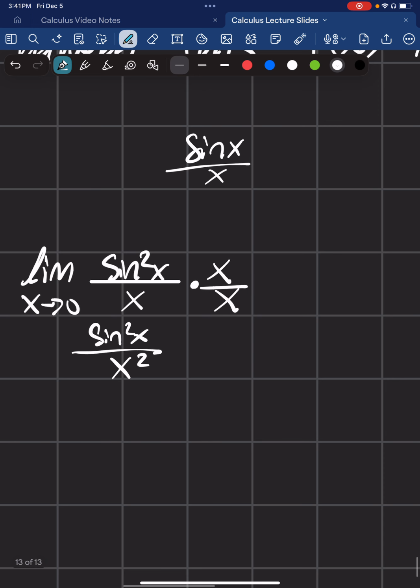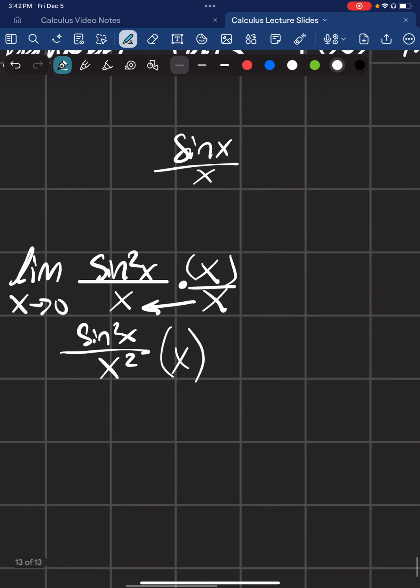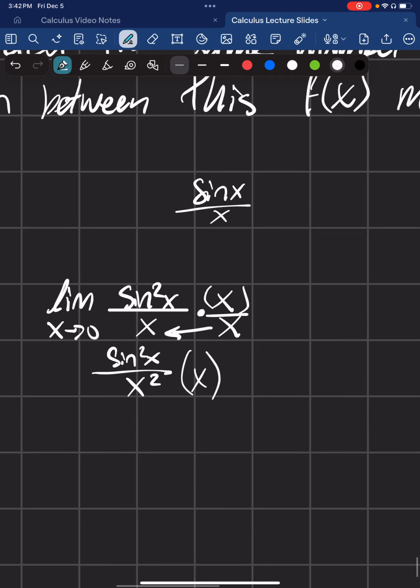But then all we did was keep out an x. So we multiplied this one across and we get the x squared. But this one, we just kept out to the side, this top x. Because then this sine x squared over x squared, that's equivalent to sine x over x. Those are the same things. They both have the same degree.